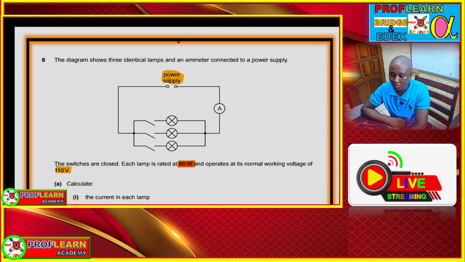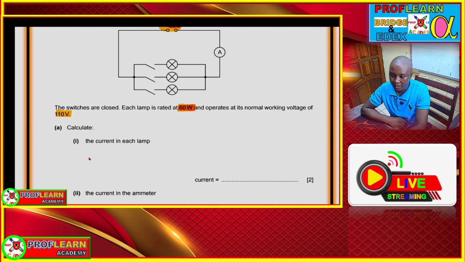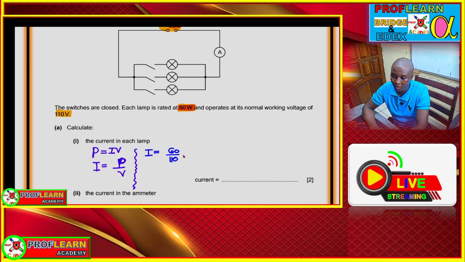So we are going to say that, because we are talking of power, we know power is equal to IV. Then from here, current is going to be power over voltage. So we can substitute the power, 60 over 110, and that's going to be 0.55 amperes. So if you work it out, you are going to get that.